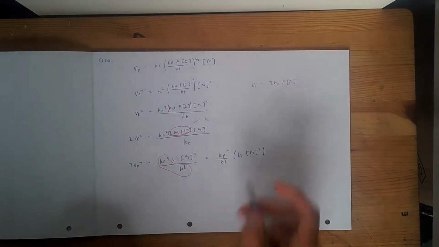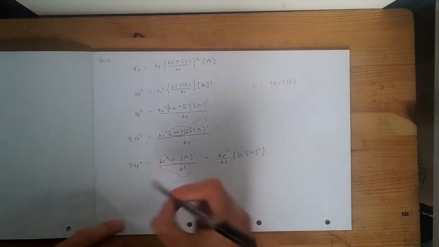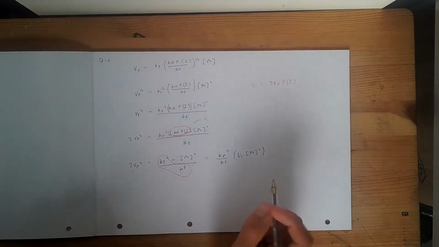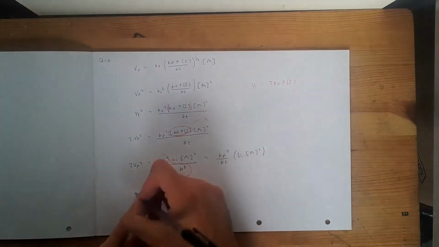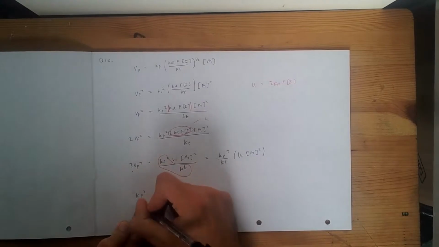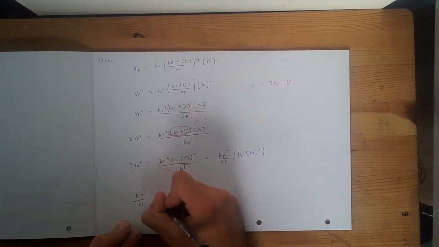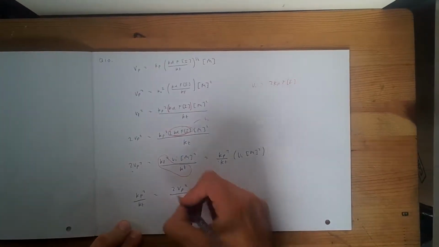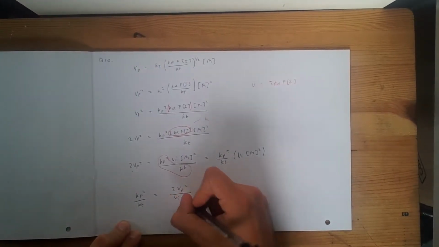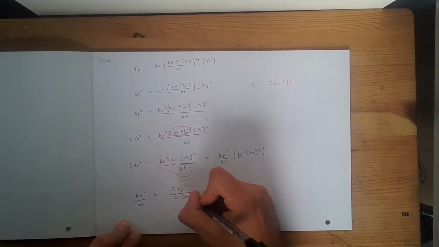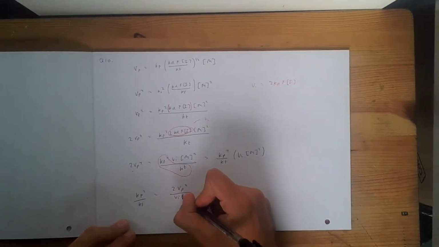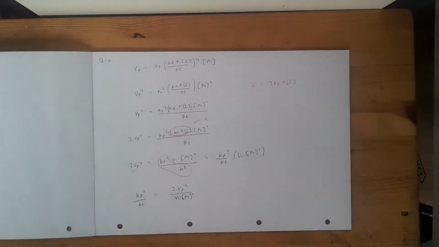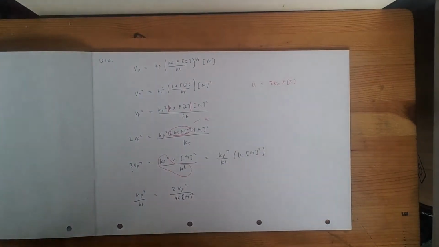If we now divide both sides by Vi m squared, we get Kp squared over Kt as the subject of the formula. So Kp squared over Kt is equal to 2 Vp squared over Vi m squared. And that is the Kp squared over Kt ratio we're asked to determine.